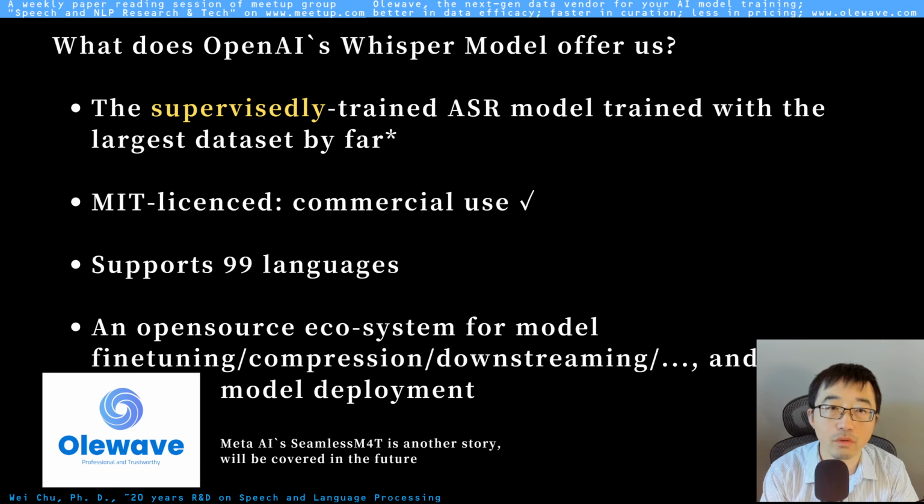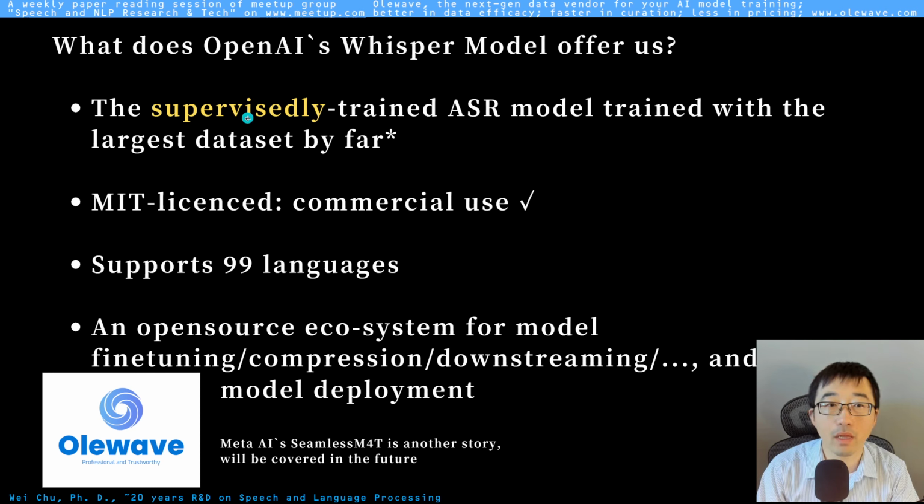But they managed to train on a gazillion amount of text from the internet, so they are capable of reaching an unprecedented AI model which beats almost every model before ChatGPT. Same thing here. The Whisper model, because they use such a large data set compared to previous practices, the result is very surprising.